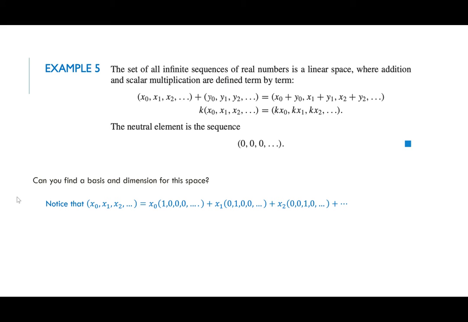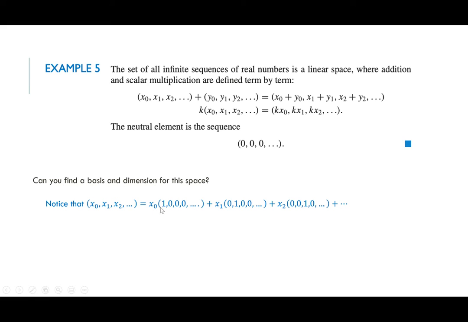Well, notice that if you've got some arbitrary sequence, x0, x1, x2, and so forth, we can expand that in the following way. Notice this is equal to x0 times the sequence 1 with zeros following it, plus x1 times the sequence 0, 1 with zeros following it, plus x2 times the sequence 0, 0, 1, 0, 0, 0, and so forth.